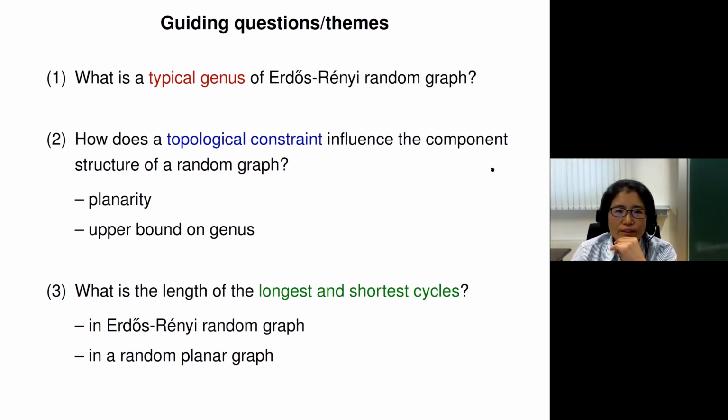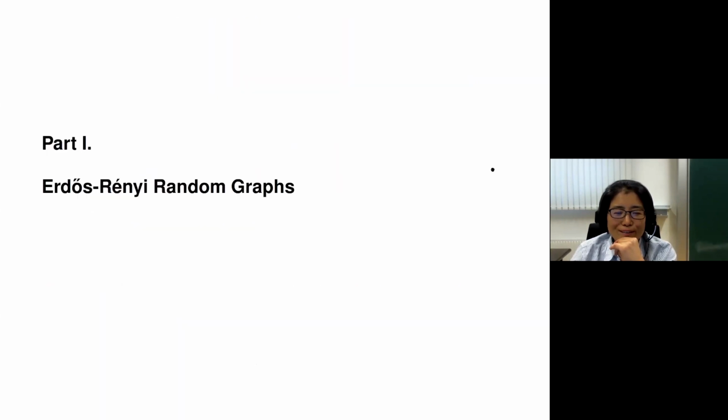Of course, there are quite many people in the audience who know very well about classical Erdős–Rényi random graphs. So you can skip the first 7 to 10 minutes if you wish, because I will just wrap up what we know as benchmarking results that we are aiming for toward random graphs on surfaces.